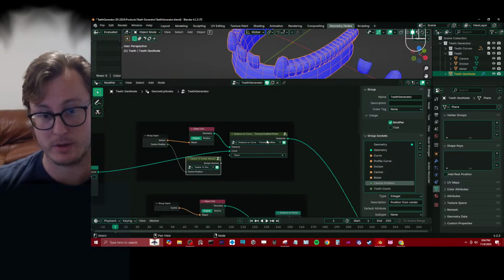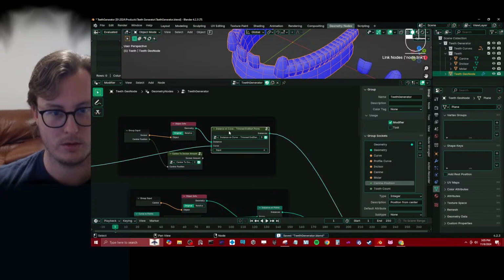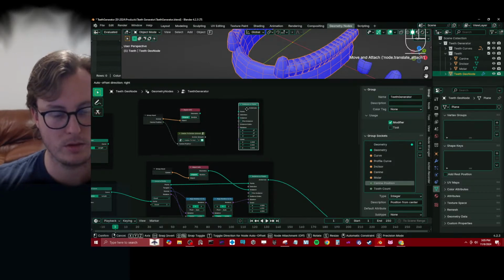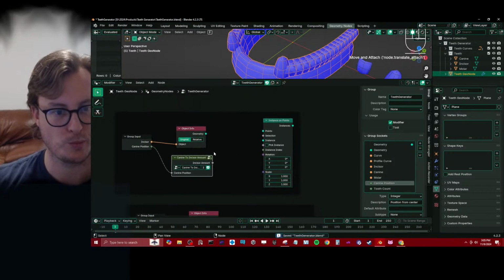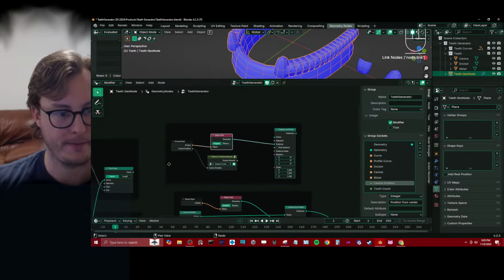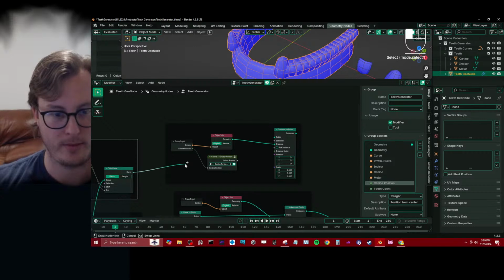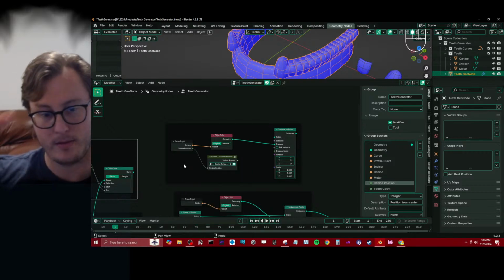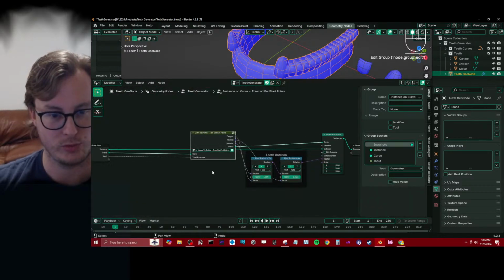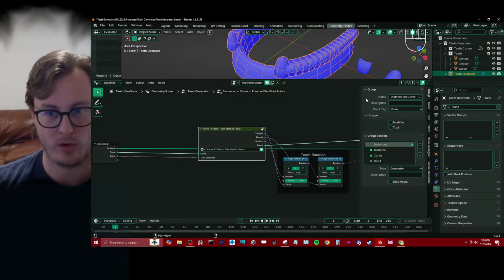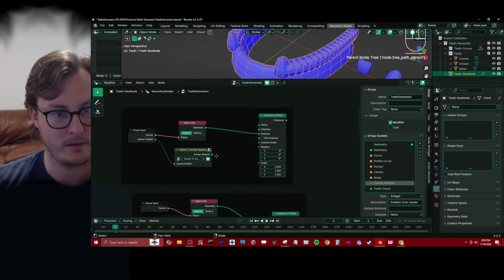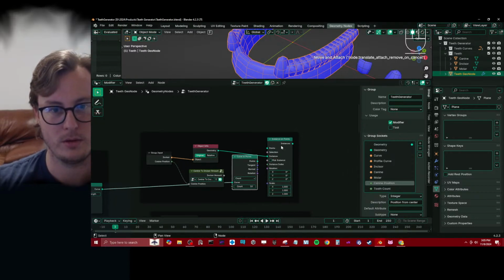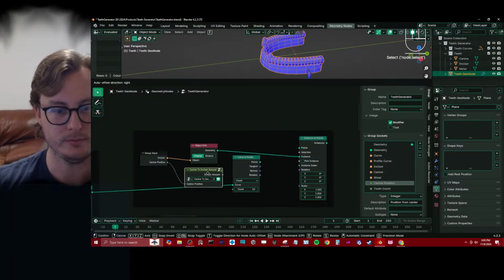Of course. I'm trimming the endpoints. Way too many teeth.